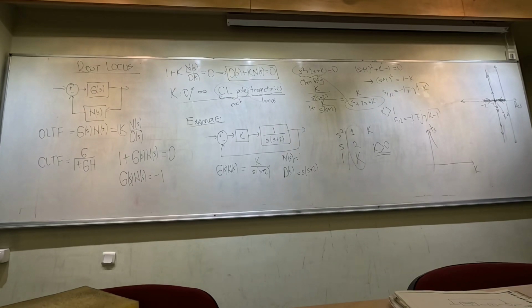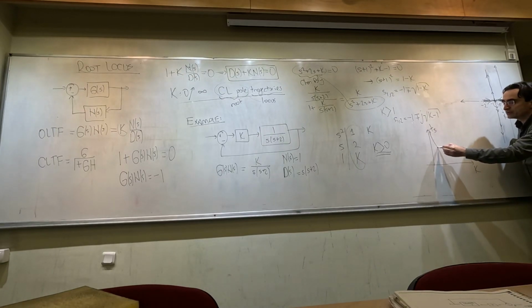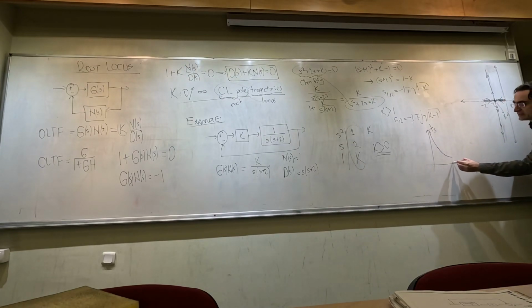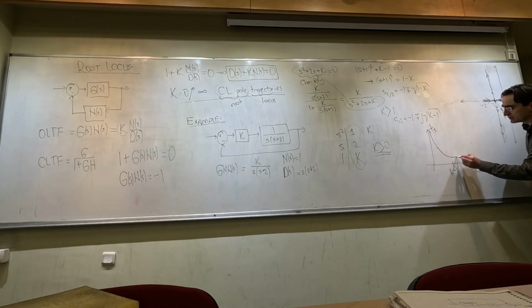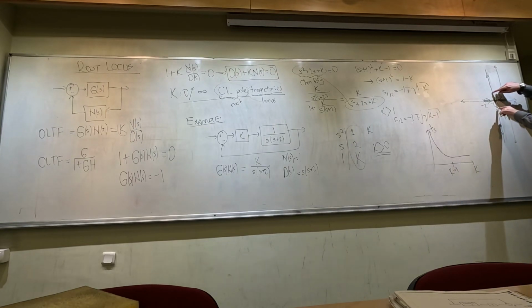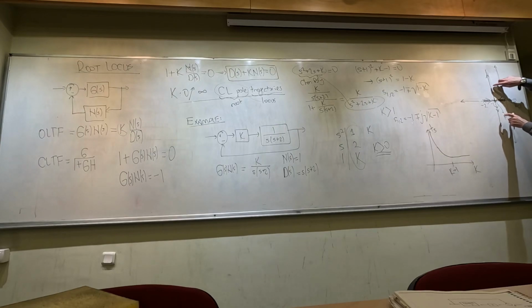And that means that the settling time of this system is going to decrease until k is equal to 1. Okay? What about afterwards? If k is larger than 1, what is going to happen? It's going to remain at a constant value, because in that case, the distance of the closed loop poles to the imaginary axis is not changing.